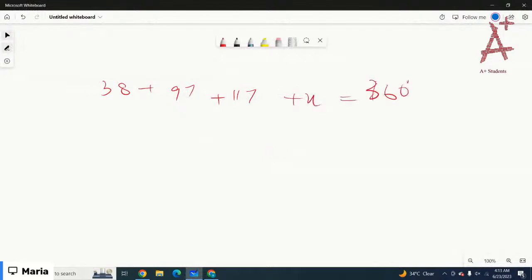Just add the given numbers and move them to the other side. 38, 97, and 117 equals 252. So move 252 to the other side: x equals 360 minus 252. So it would be 108. That means the missing angle equals 108. Got it?